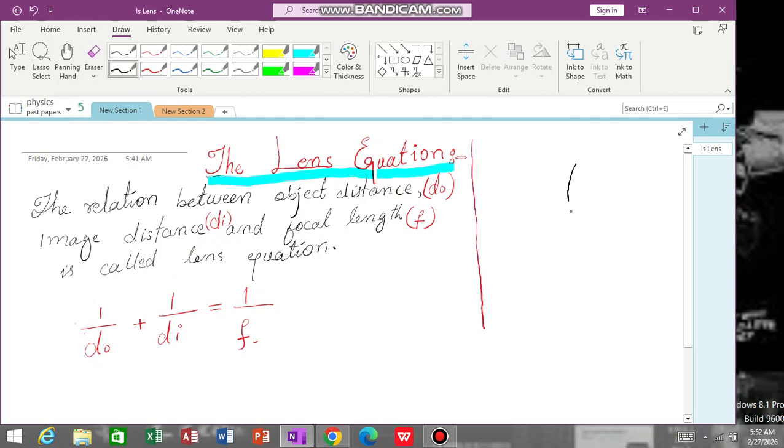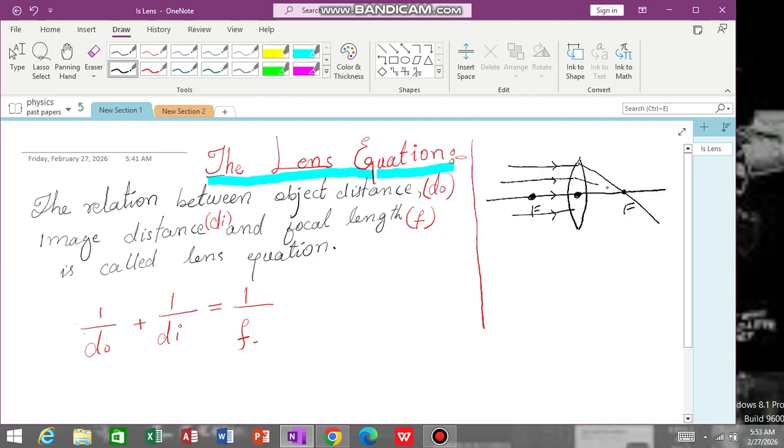For instance, this is a double convex lens. This is the principal axis line, and here in the middle is the optical center. On one side there is a focus, and on the other side there is also a focus. Why is this called focus? Because if parallel rays fall on the lens, after passing through it, they will meet at one point.